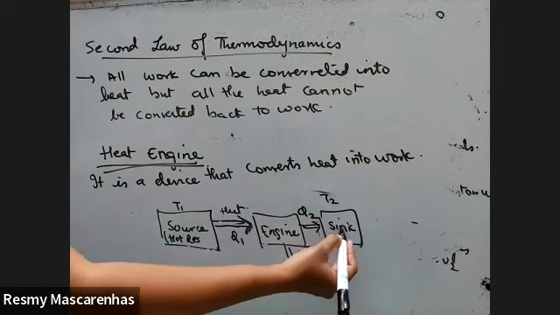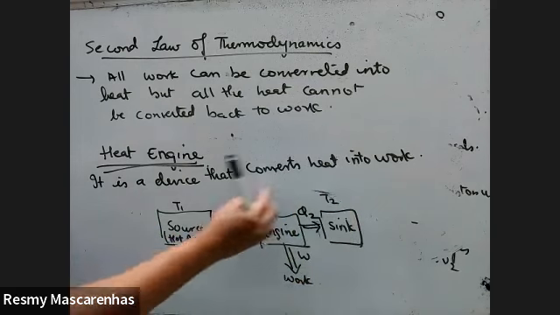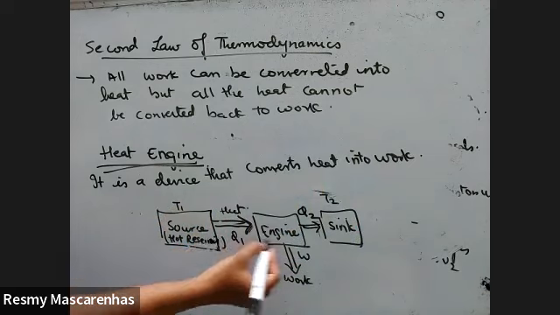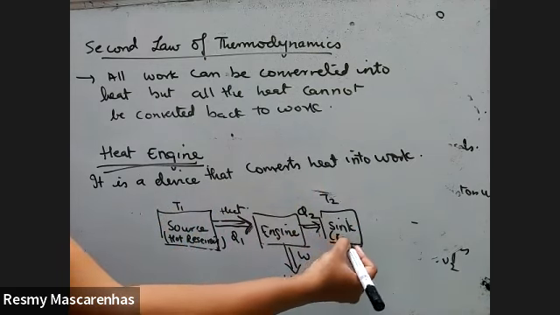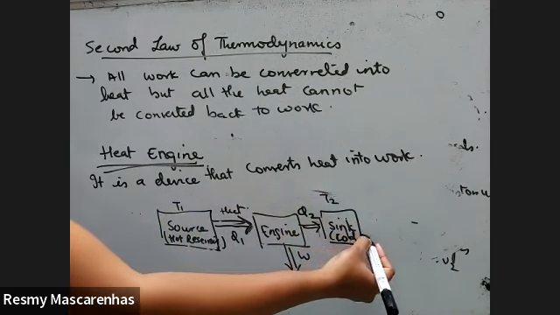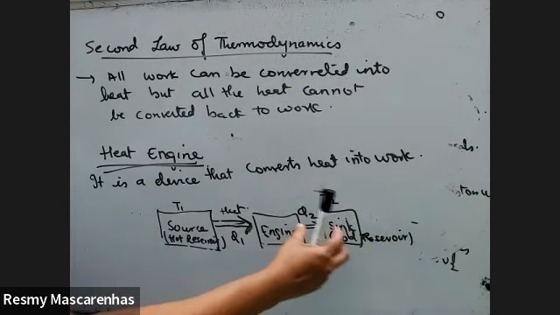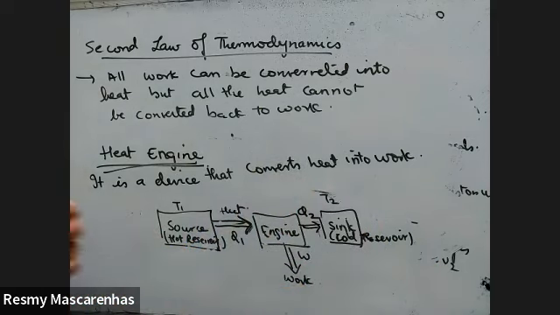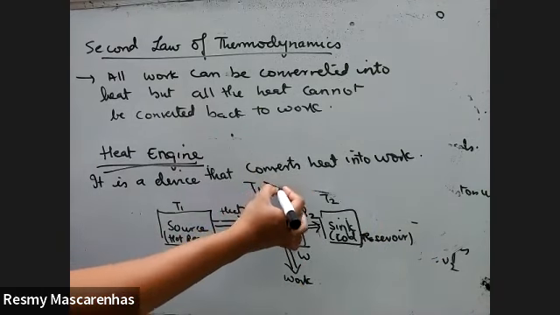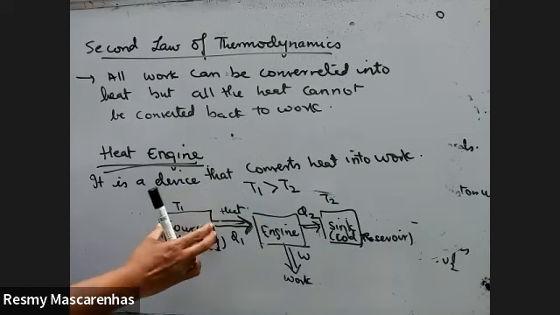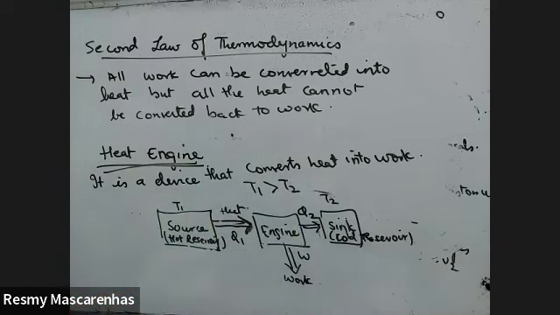Why? Because the sink will always have a lower temperature than the source, and the sink is a cold reservoir. Reservoir means it's a place. T1 is greater than T2, so the source is a hotter reservoir than the sink.